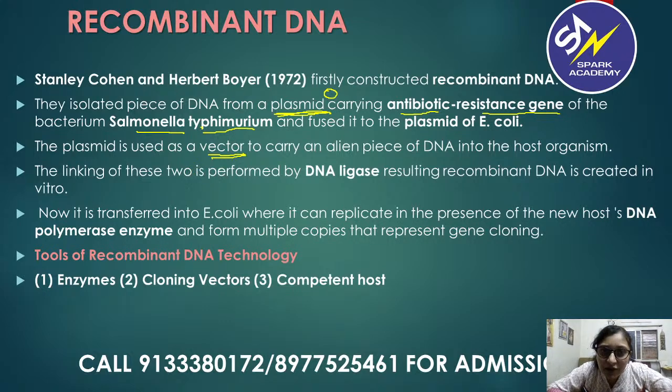Okay, they can replicate on their own. Even the DNA of any bacteriophage can replicate inside the bacterial cell without any instruction from chromosomal DNA. Okay, so plasmid is used as vector to carry an alien piece of DNA into the host organism.